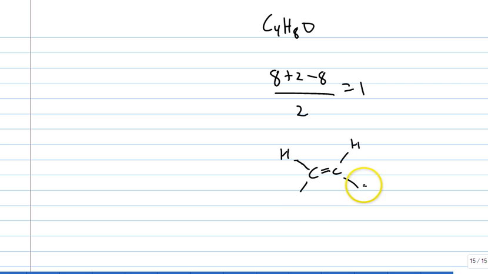The only thing I can think of, this is my best guess. Because this hydrogen is close to the double bond but also close to the O, that could be the farthest one, yeah.